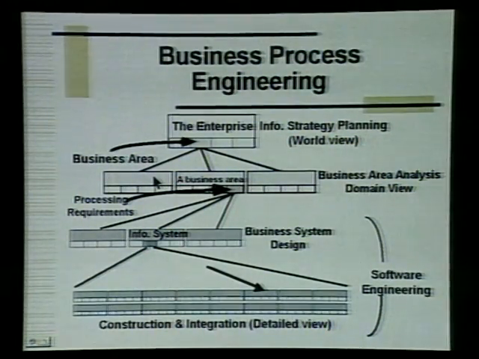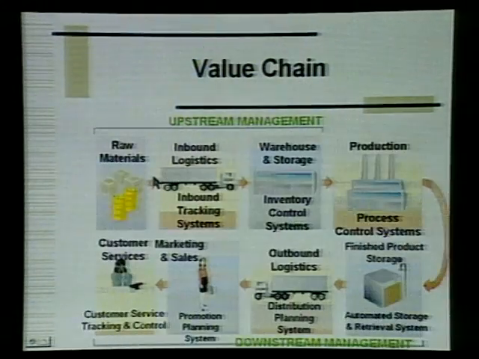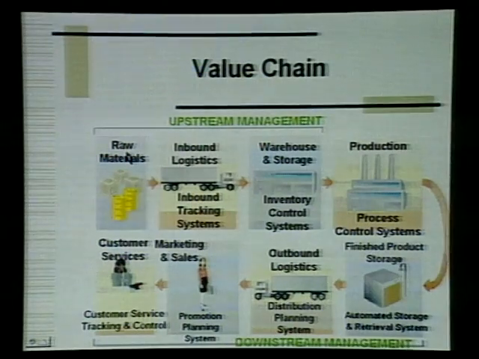This can be accomplished by using the value chain, as can be seen here. The value chain is a very useful tool which can be used to identify all those areas of a business which are the potential candidate in achieving the business goals of an organization, and they are the potential candidate for the employment of information technology.